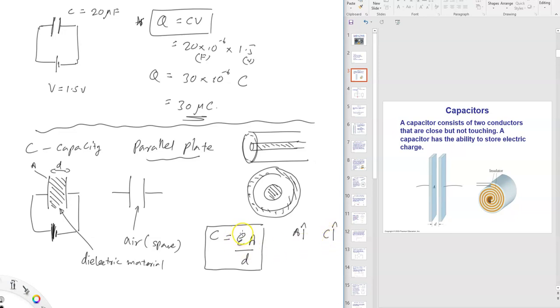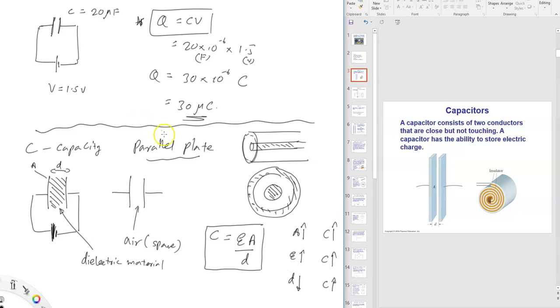Having a medium with higher permittivity, so air has some amount of permittivity, but if we can find something with more permittivity, you can have more capacity. Plate separation, if we can make it smaller, capacity goes up. Means we bring them as close as possible, you have a higher capacity.